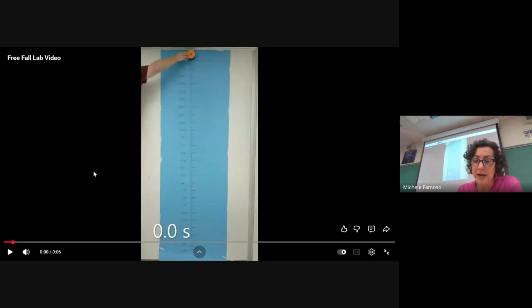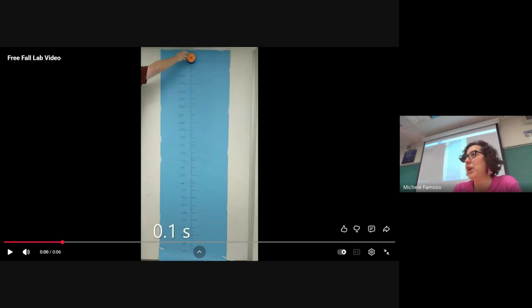What I'm going to do now is right arrow over until I get to 0.1 seconds on the screen. You see it starting to fall? There it is. Now, this is where things get a little tricky. This is 0 meters, and this here is 0.1 meters. He has a little line that's halfway between 0 and 0.1.